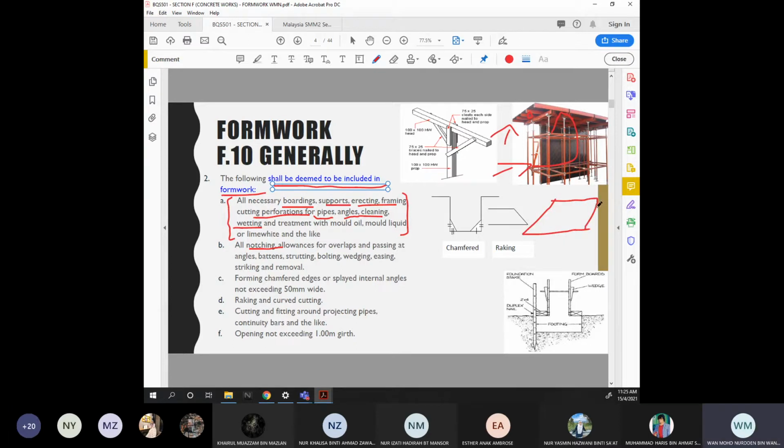Kita buat formwork and then katakanlah kat tepi ni ada tiang. So kita buat macam tu, itu kita panggil notching lah. Macam tu. Allowance for overlap. Passing.